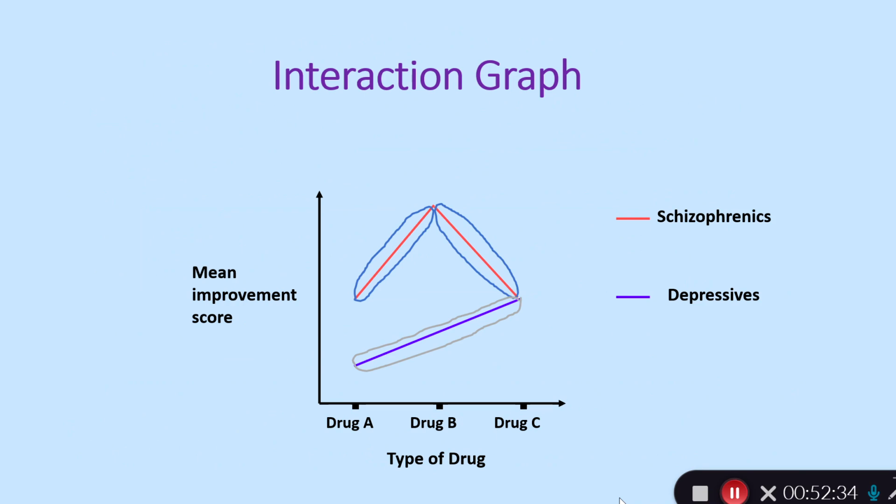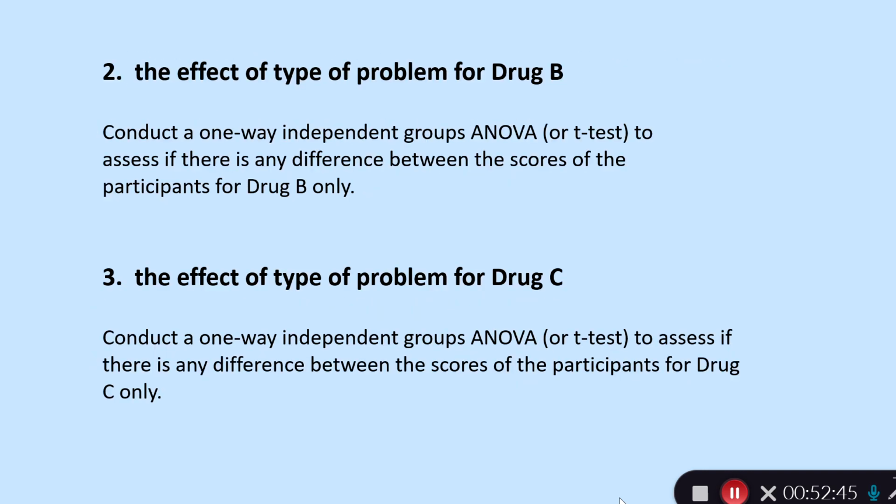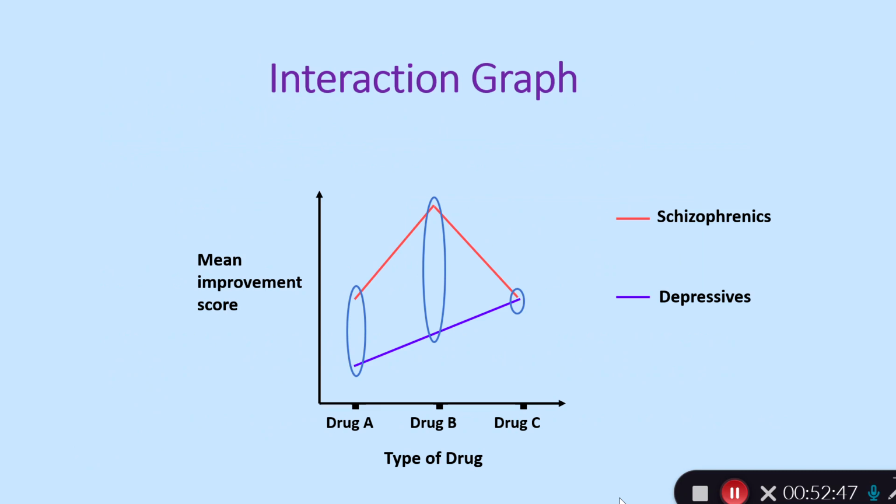We've done another one-way ANOVA holding type of problem constant and looked at the effect of the different drugs just for depressives. We've then done 3 more tests of simple effects where we've held type of drug constant, and looked to see if there's a significant difference between the two diagnoses in terms of the mean improvement score.